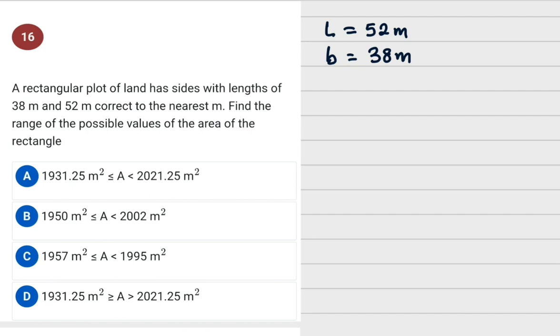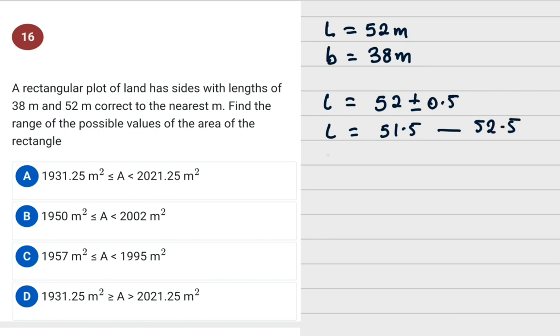Now what that means is that since it is being corrected to the nearest meter, the length has a range, using the knowledge of your percentage error and approximations. I think that's a topic in SS2 mathematics. This is going to be 52 plus or minus 0.5. So the length spans from 51.5 to 52.5.